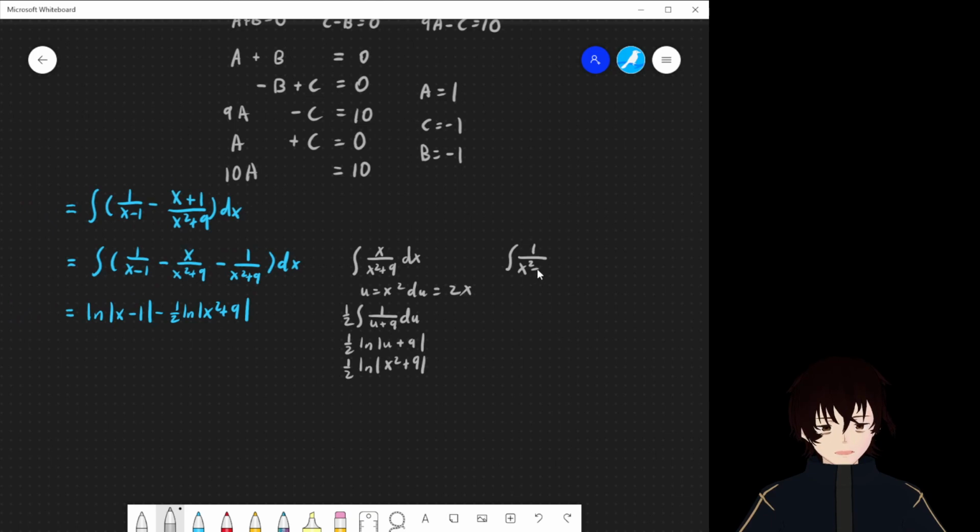I know this is going to be a tangent, because 1 over x squared plus 1 is tangent, but we have a 9 here. Oh, what do I do? What if we factor out a 1 over 9?